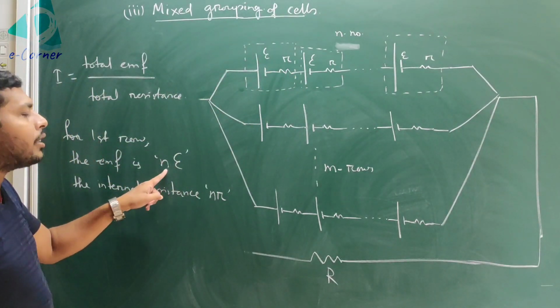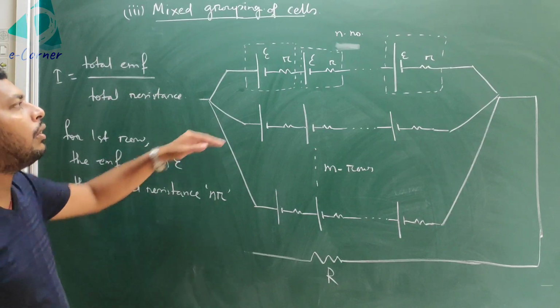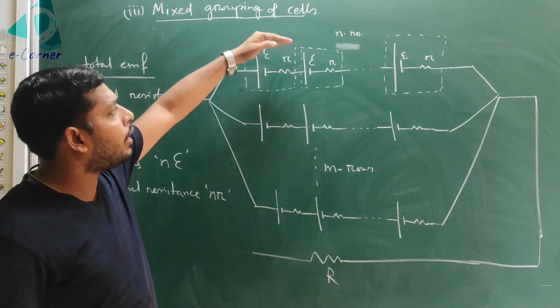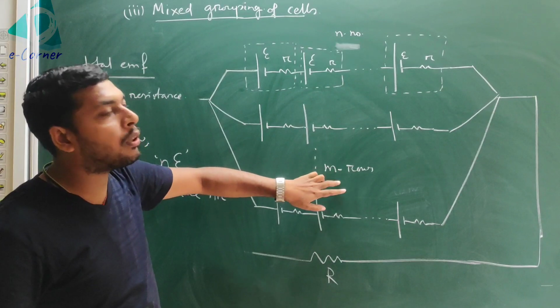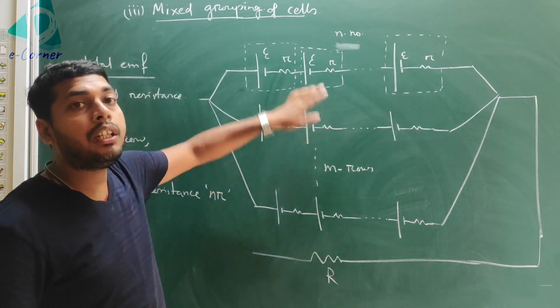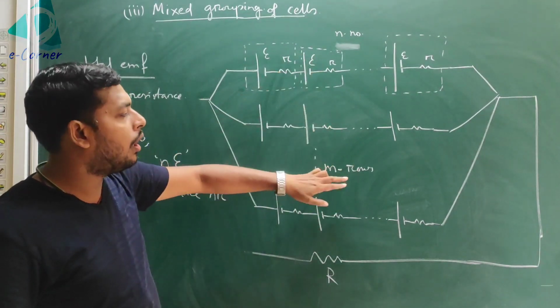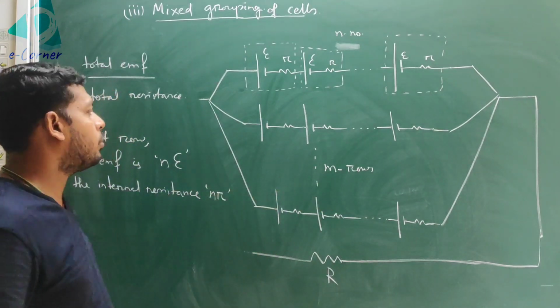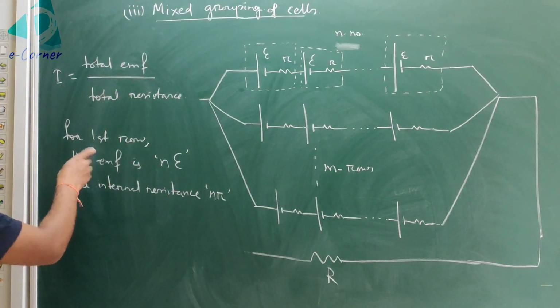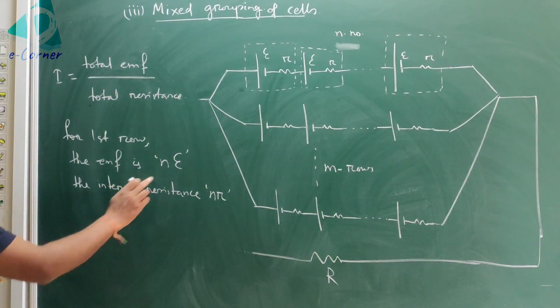Similarly, nE is the total EMF for the first row. Got it? And we have m rows. That means in parallel combination, how many rows are there? m rows. Similarly, the second row is also the same thing.